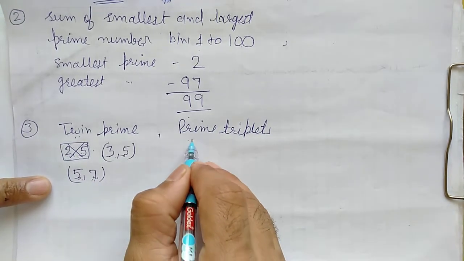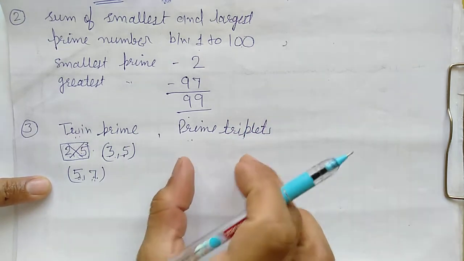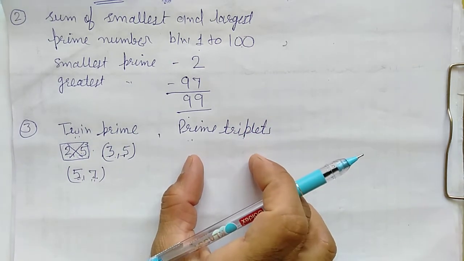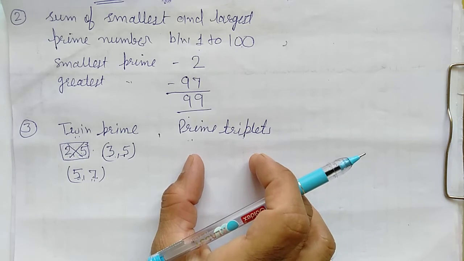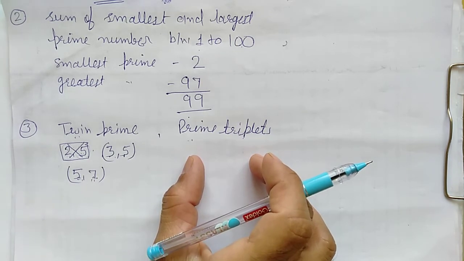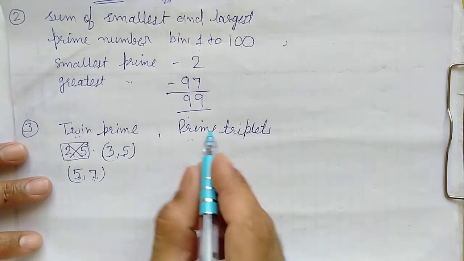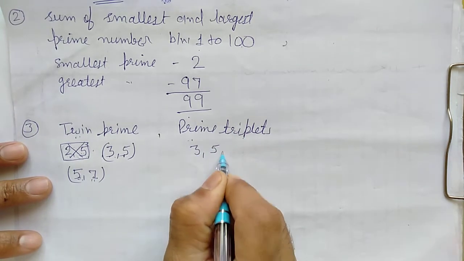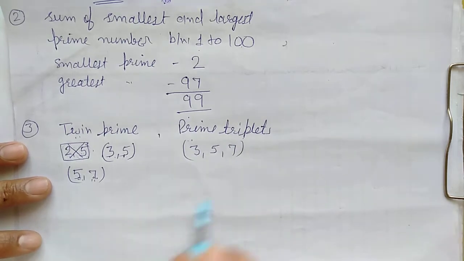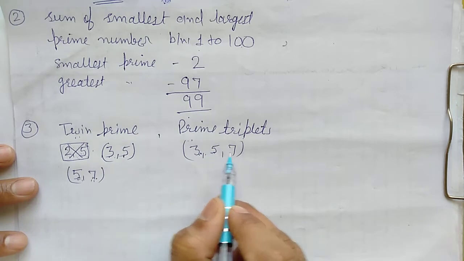Similarly, the second one is prime triplets. A prime triplet is a set of 3 numbers with difference 2. These are called prime triplets. And a prime triplet is 3, 5, 7. The difference between the first two is 2 only, and between the next two is also 2 only.